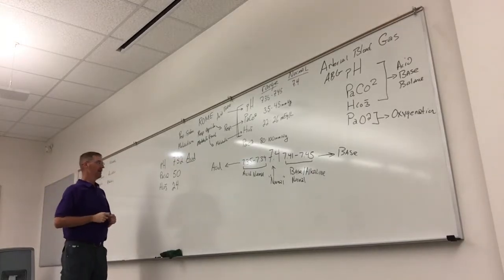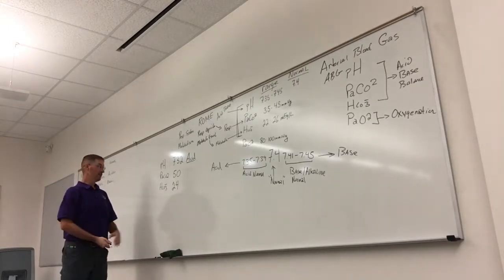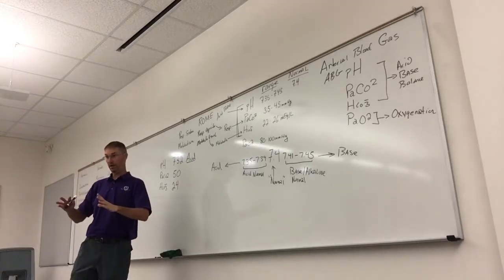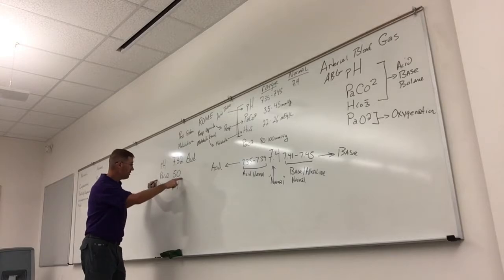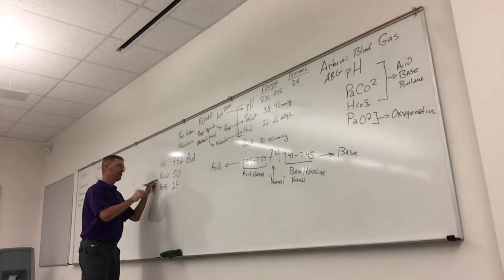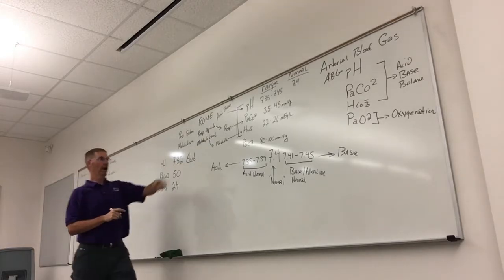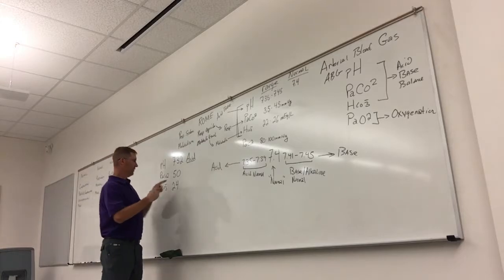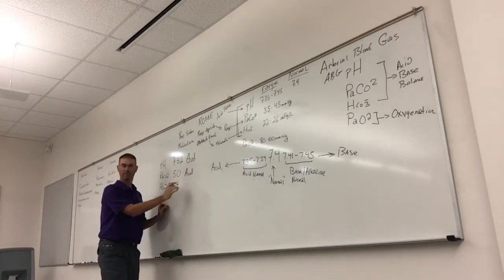Once I do that, then I have to go, well, what's causing that problem, right? Is it a respiratory cause, is it a metabolic cause, or is it a combination of respiratory and metabolic, right? So I go down and I ask myself, okay, CO2, is the CO2 acid, is it base, or is it normal? Okay, it's greater than 45, and remember respiratory opposite, so this is acid. You guys good with that? Does that make sense?